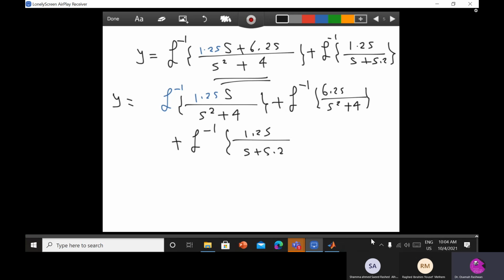So I can take this 1.25 outside, this 6.25 outside, and this 1.25 outside also.